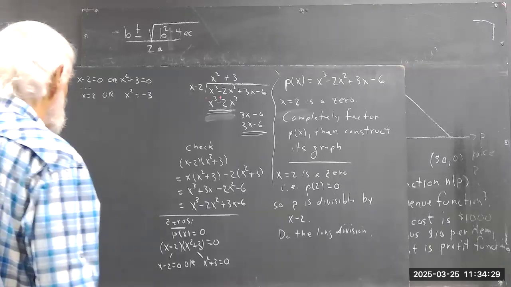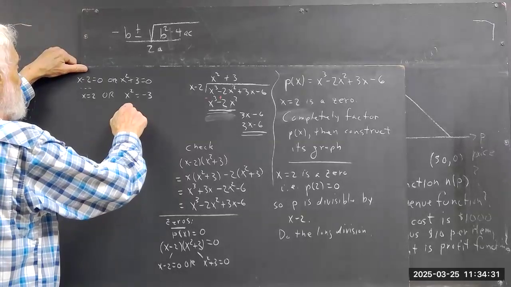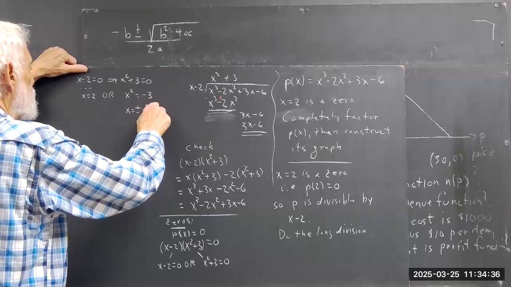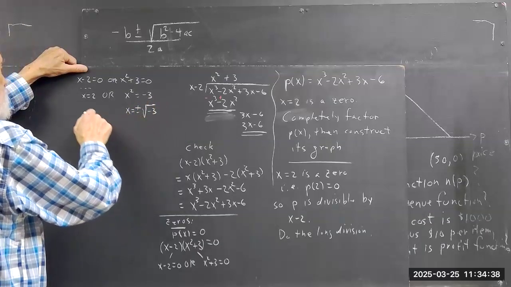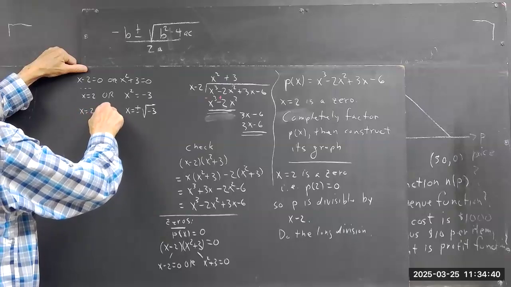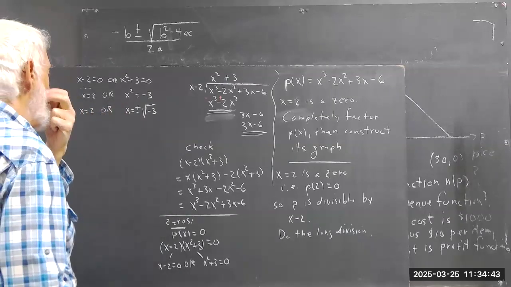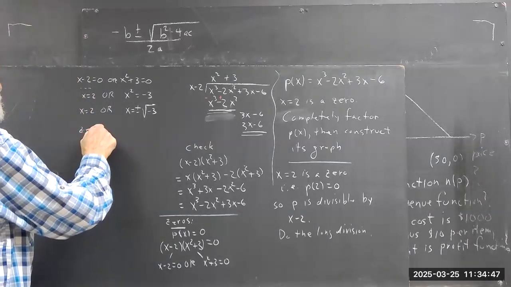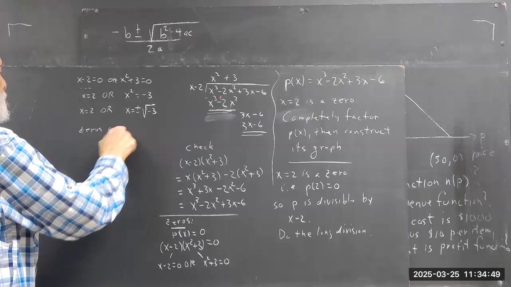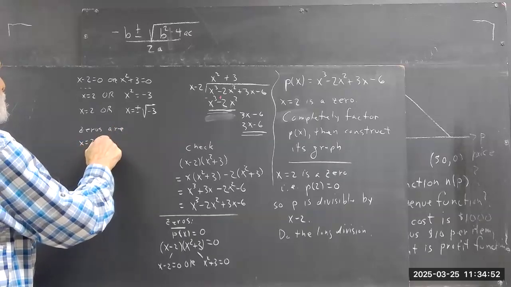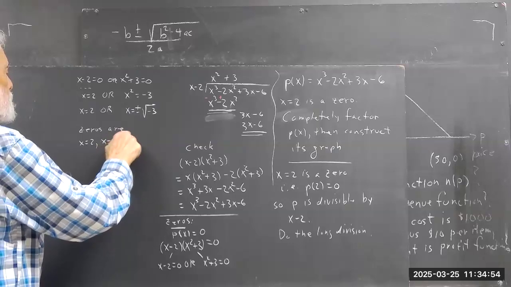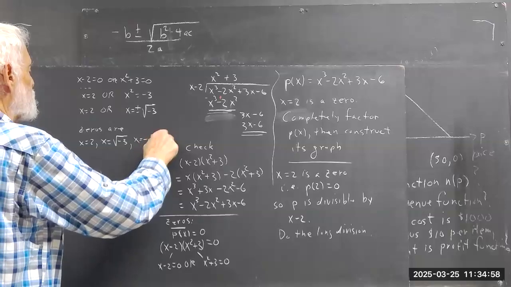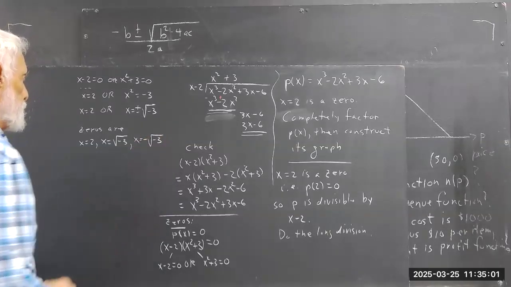And then if we know that the solution of this is x equals plus or minus the square root of negative 3, we see that our zeros are x equals plus the square root of negative 3, x equals minus the square root of negative 3.